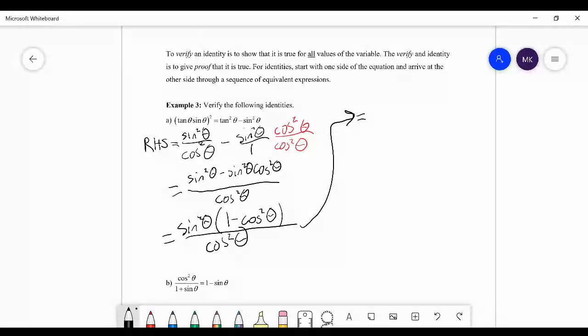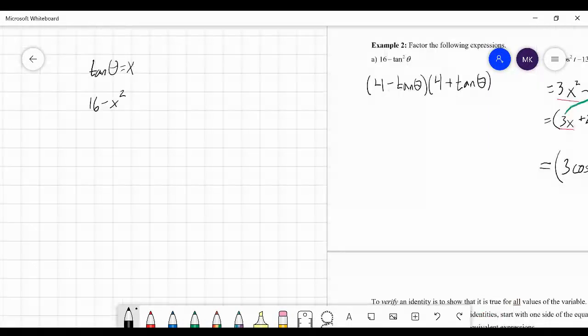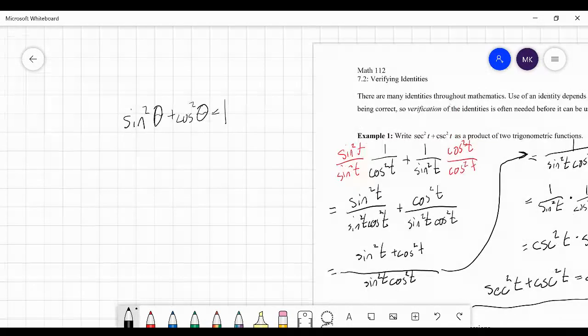Now, looking at this, we're like, okay, cool. How am I going to get to this being tangent theta sine theta squared? Well, right now if I look at just these left pieces, the sine squared theta and the cosine squared theta, that's my tangent. So how am I going to get 1 minus cosine squared theta to be sine? Wait, the Pythagorean identity, right? Let's go back up to that.